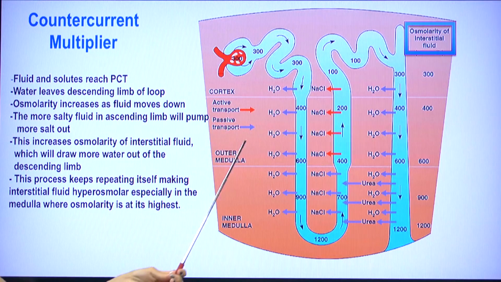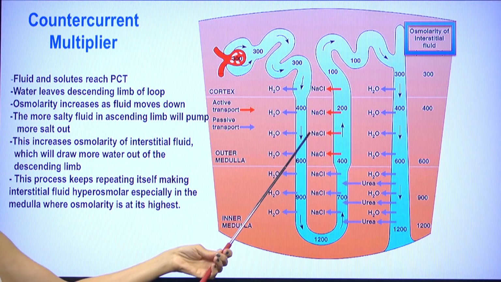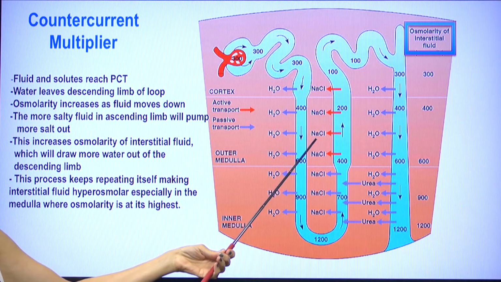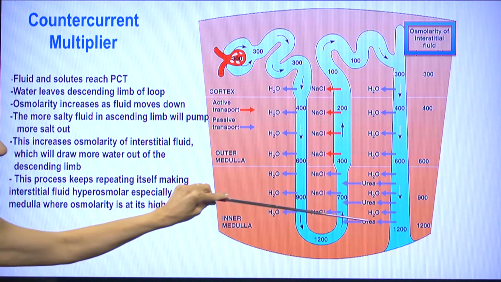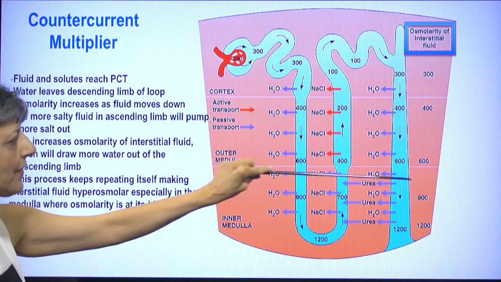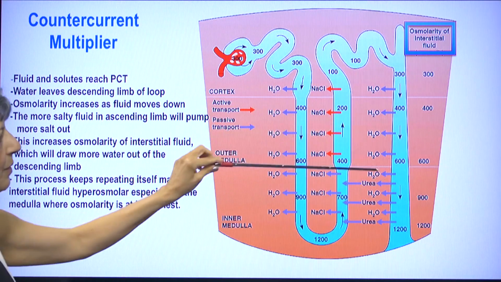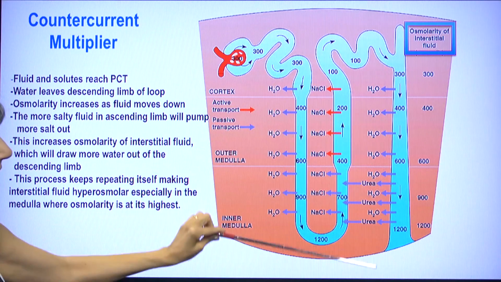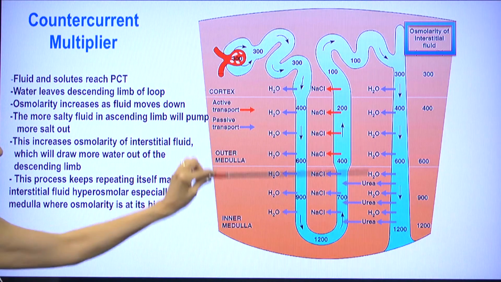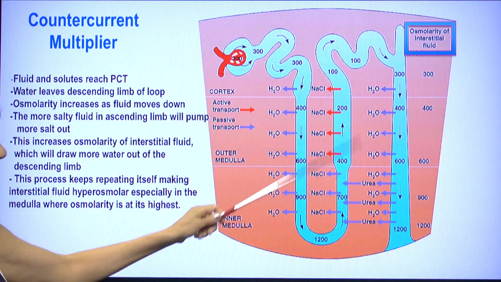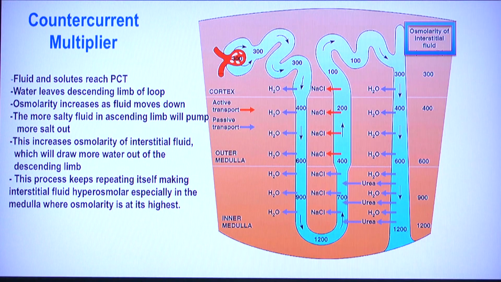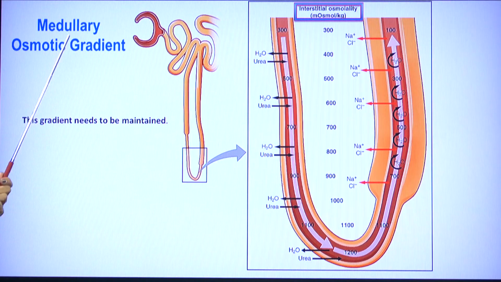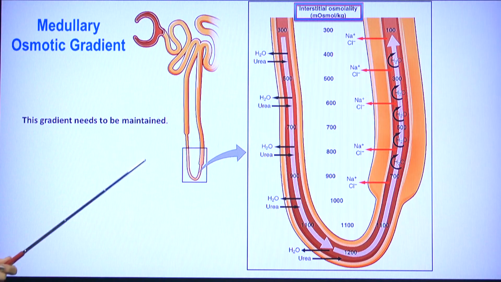First, we are reabsorbing water and we are reabsorbing sodium chloride, and we are increasing the osmolarity of the interstitial fluid, specifically here in the area of the medulla of the kidney. We're going to look at this because it is very important. We call this the medullary osmotic gradient.